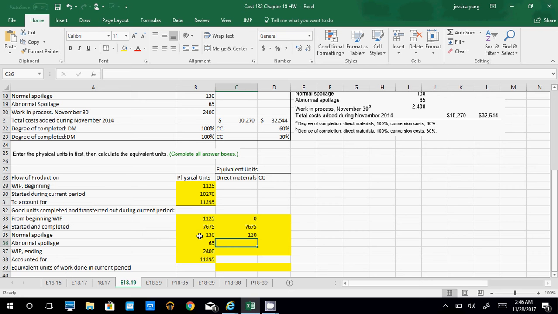For abnormal spoilage, we take the 65 units in the physical units and multiply that by 100%, to get a total of 65 equivalent units in direct material.